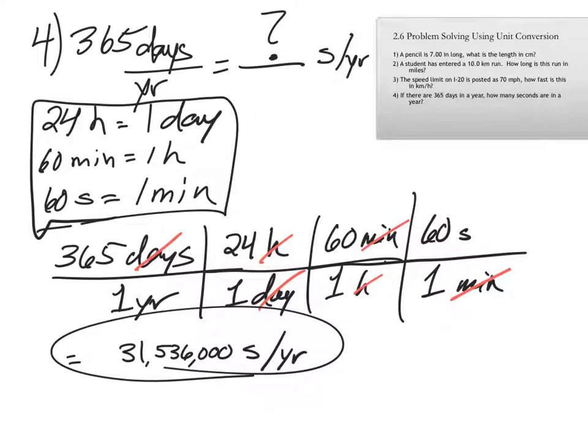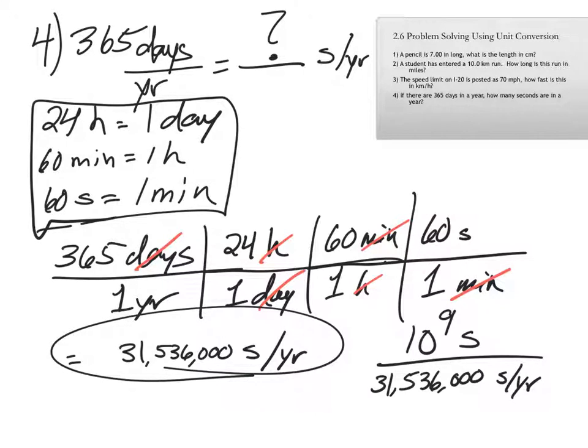As a side note, if you want to figure out how long it takes to reach 1 billion seconds, how many years is that? You would take 1 billion, which is 10 to the 9th seconds, and divide it by that 31,536,000 seconds per year. Your seconds cancel out.